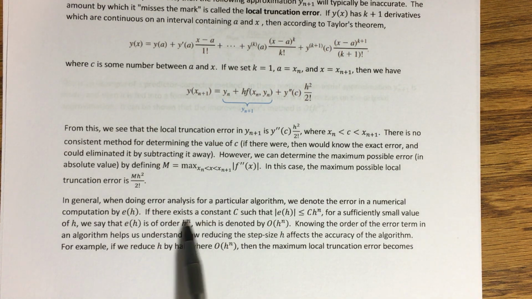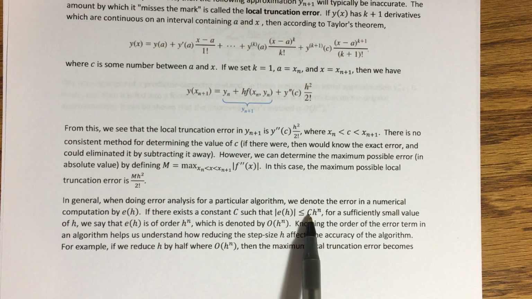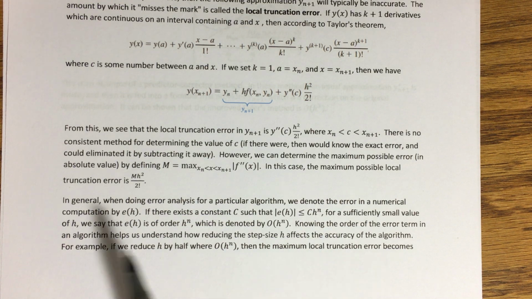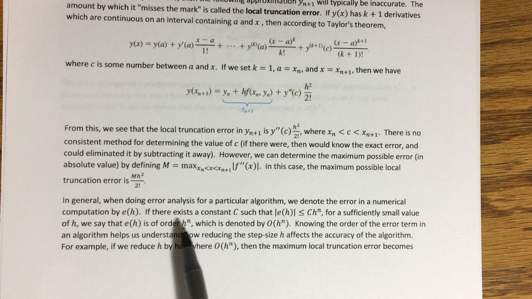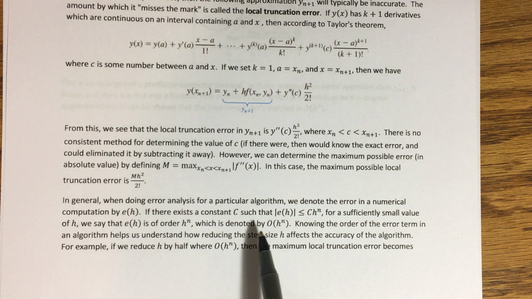Now, if there exists any constant capital C such that that error term in absolute value is bounded above by C h to the power of n for a sufficiently small value of h, then we say that the error term has an order of h to the n. And we denote that by something that we call big O notation. So numerical analysis, again, that's a course that you could take.